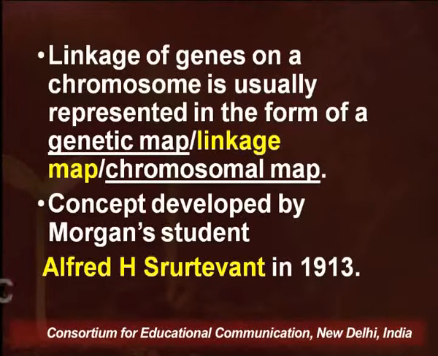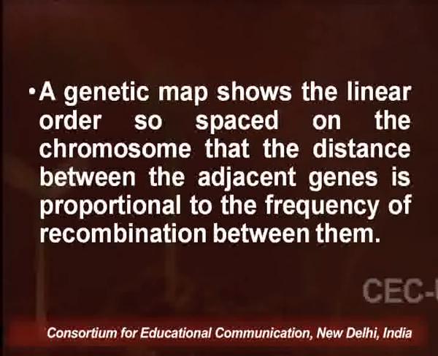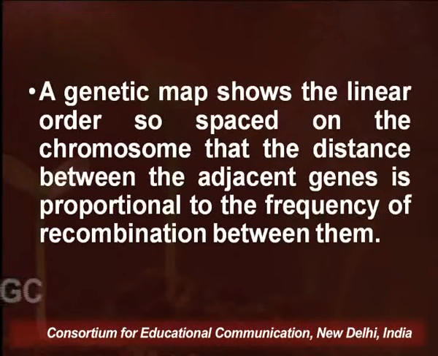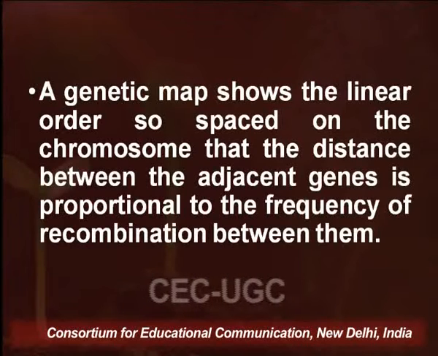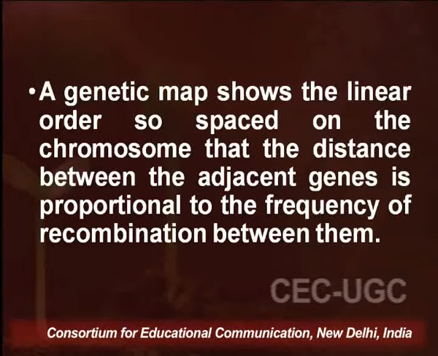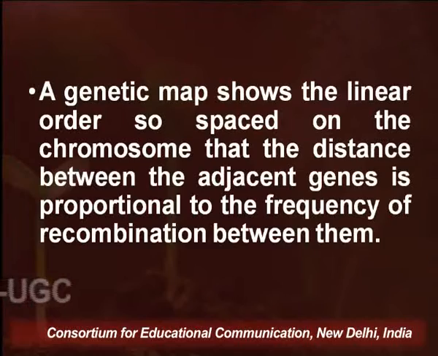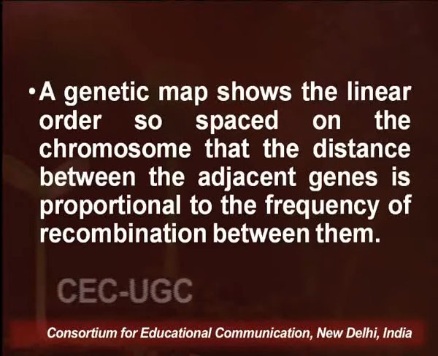I have repeatedly said that he was one of the most illustrious students of Professor Morgan. A genetic map that he made shows a linear order, and it is so spaced on a chromosome that the distance between the adjacent genes is proportional to the frequency of recombination between them.